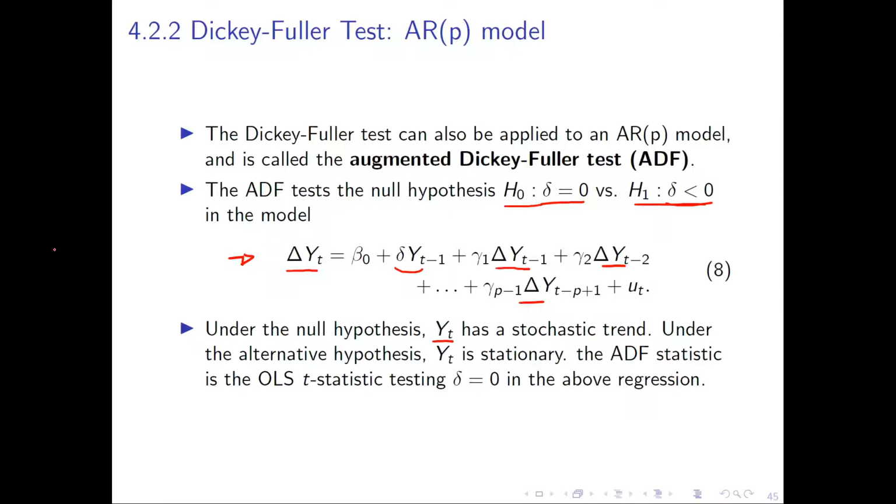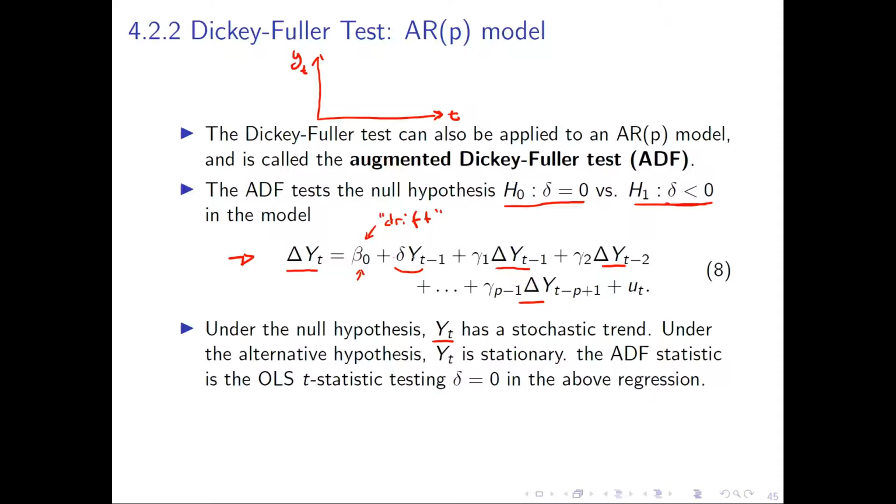It is important to notice that this delta yt is the change in yt. So if you have yt on the y-axis and you have t on the x-axis, then the change in yt is equal to the intercept. So this is the drift.